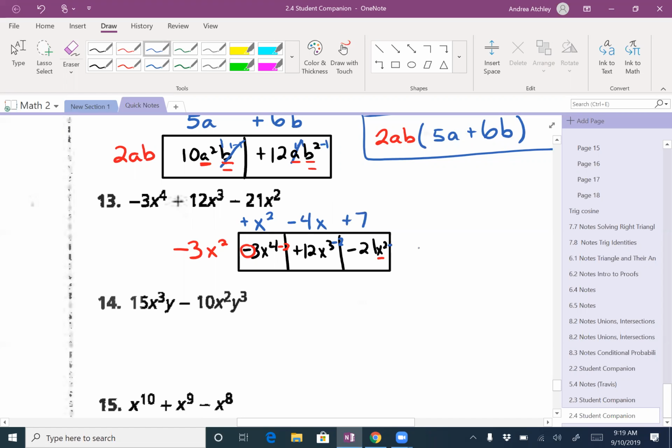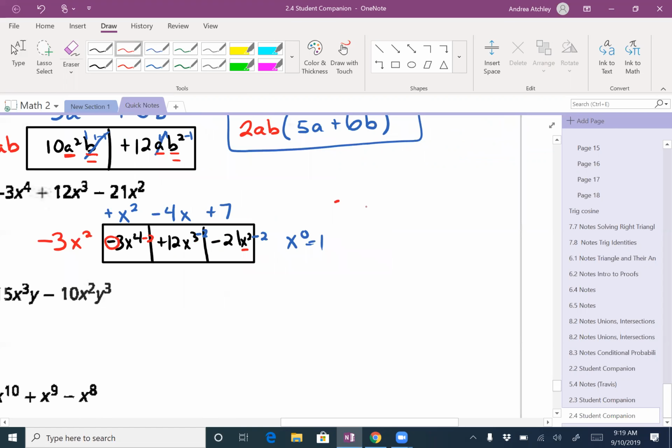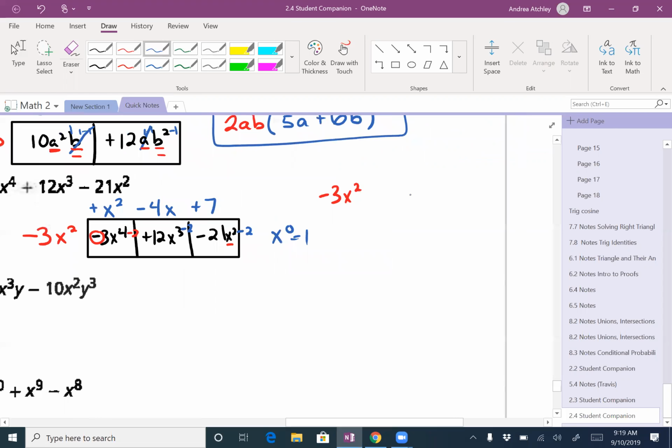We subtract the exponents, we get x to the 0 power. X to the 0 power is 1. So that means there's no more x's left. It's just 1 times 7. So my factors are negative 3x squared times x squared minus 4x plus 7. Any questions over that?